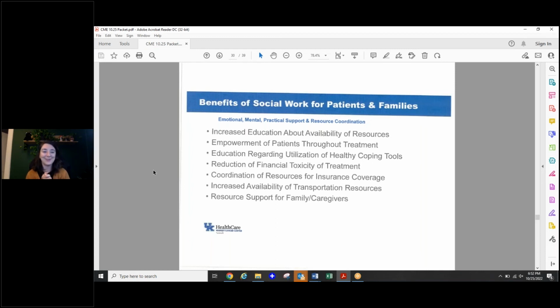We can offer increased availability of transportation resources through things like referrals to Medicaid, or coordination with places like American Cancer Society Road to Recovery. And then again, just offering resources and support to family and caregivers as well. Next slide.